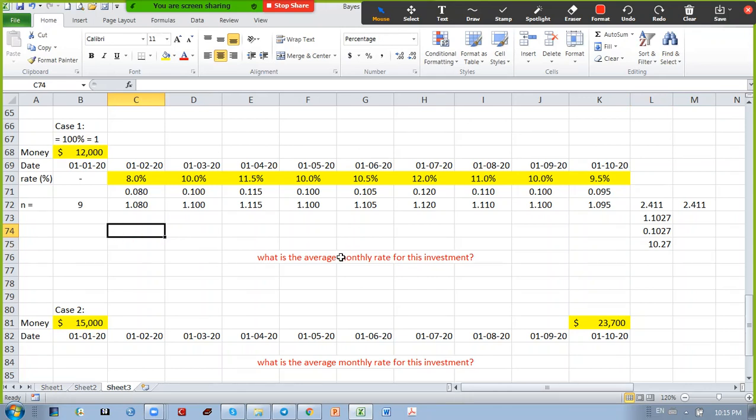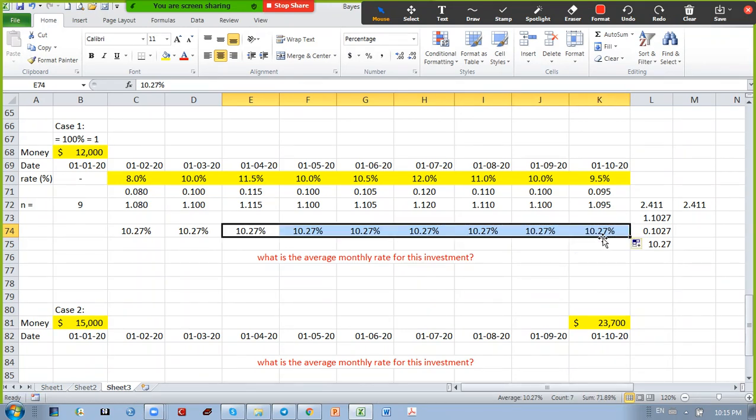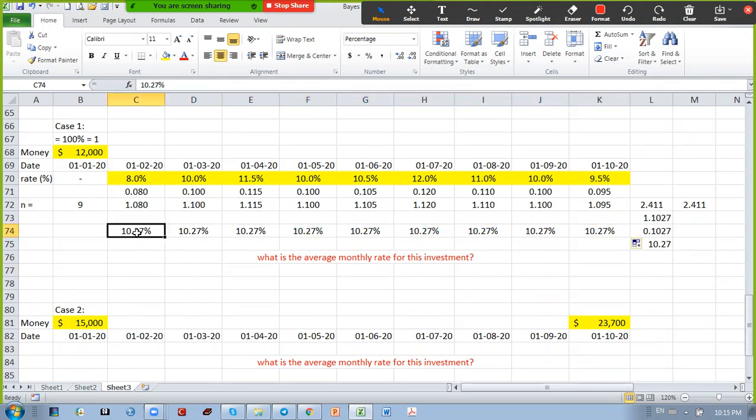This month means that this month 10.27%. Average is always the same, and the same. Okay, so this is the answer.